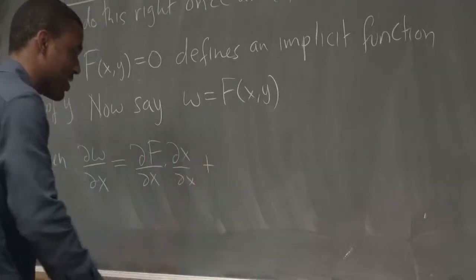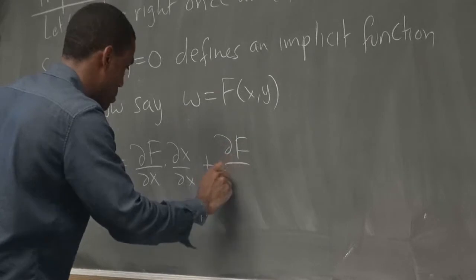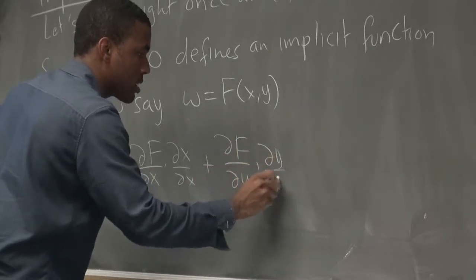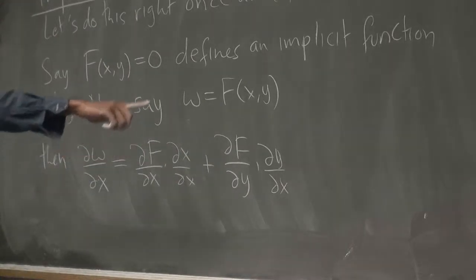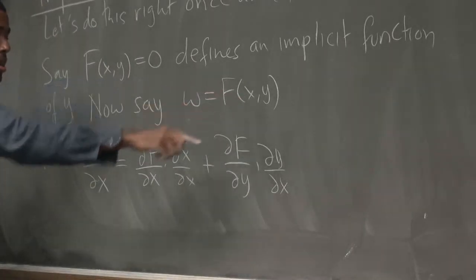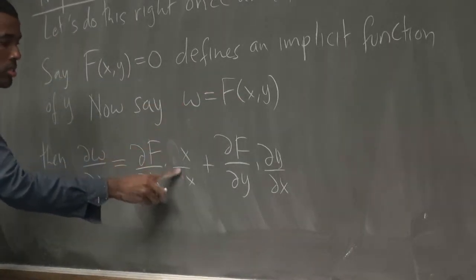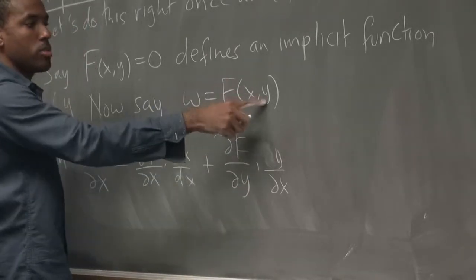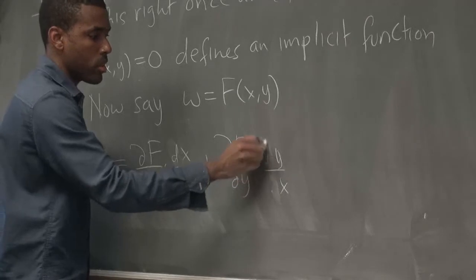It's one of those weird things. Then you take the partial of f with respect to y, times the partial of y with respect to x. But remember, in this case, since I'm thinking of these as single variables, these are actually your d's, like derivatives, because I'm not assuming that these are defined in terms of other functions.